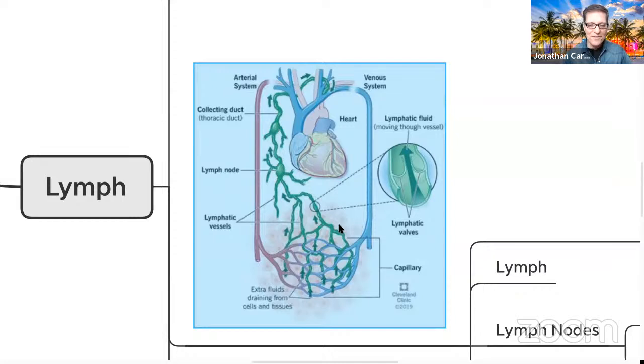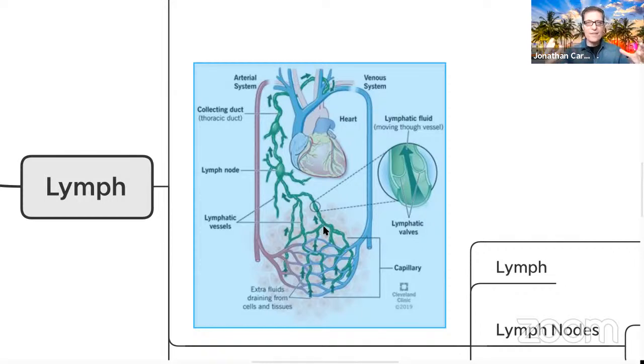But essentially think of it this way: the heart is pumping out into the arterial system, and you get your red oxygenated blood, and then it gets into the arterioles and the capillaries, and then there's fluid that gets out into the system, and that's lymph.